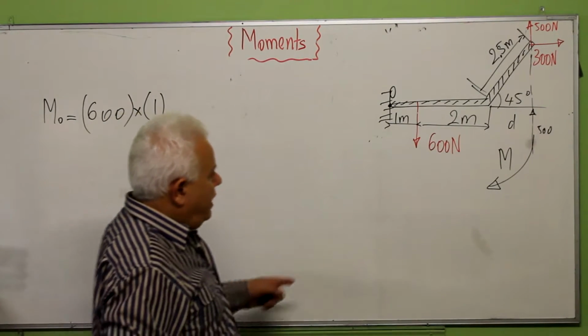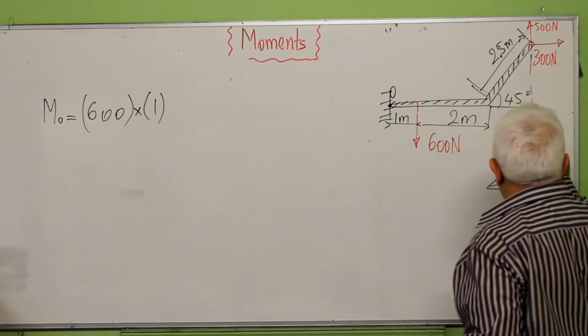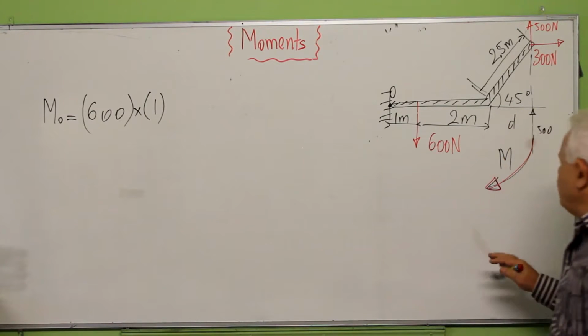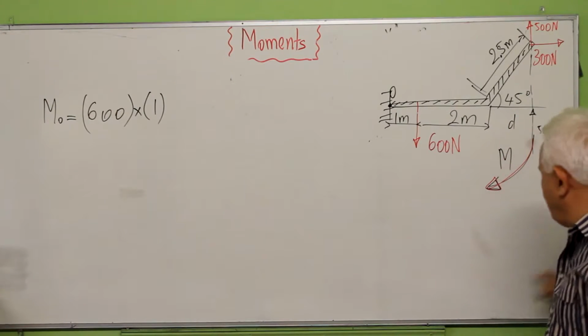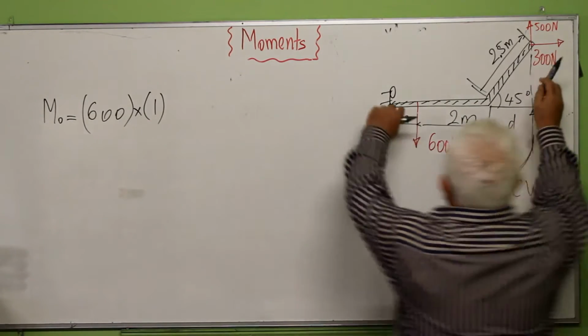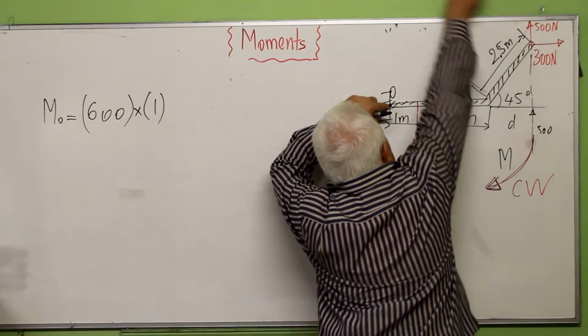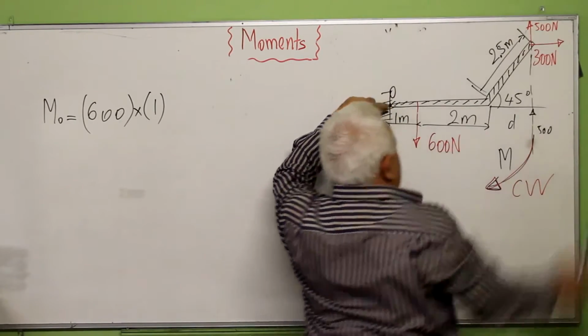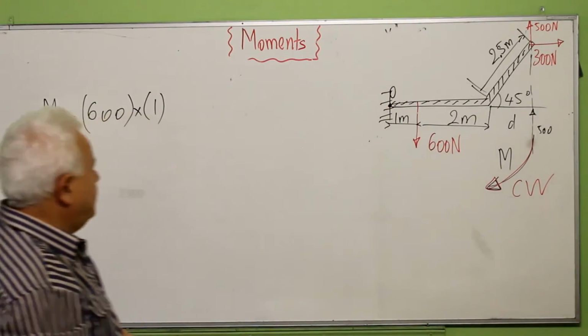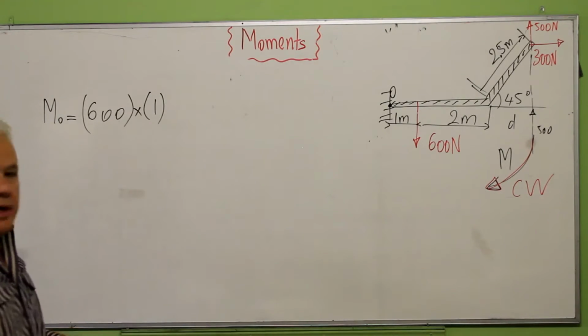But you have to notice that because I have chosen the positive moment as clockwise, these 500 newtons will make the system turn the other way, anti-clockwise.